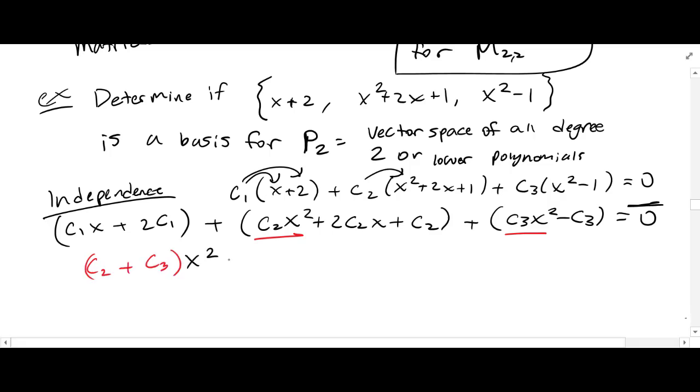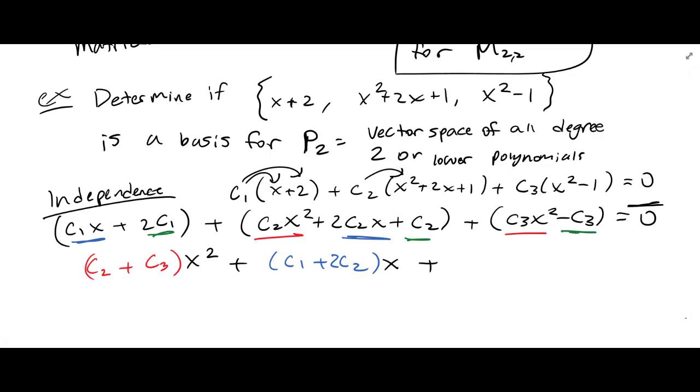And then we'll group together all of the linear terms, degree 1 terms. That's degree 1, that's degree 1. So this is going to be c1 plus 2c2 times x. And then all the constant terms together. The constant terms are going to be 2c1 plus c2 minus c3, and everything is equal to 0.